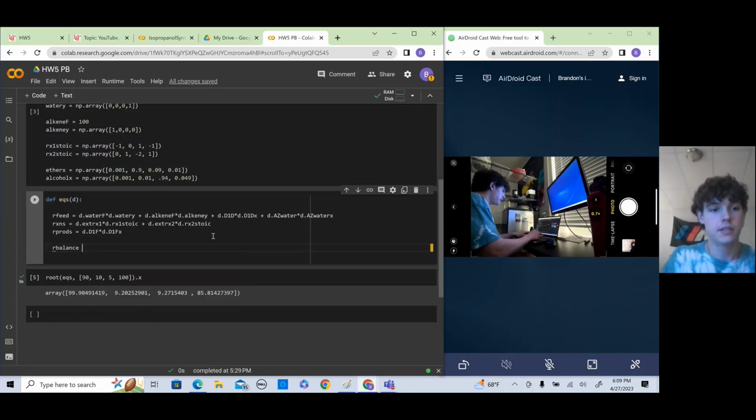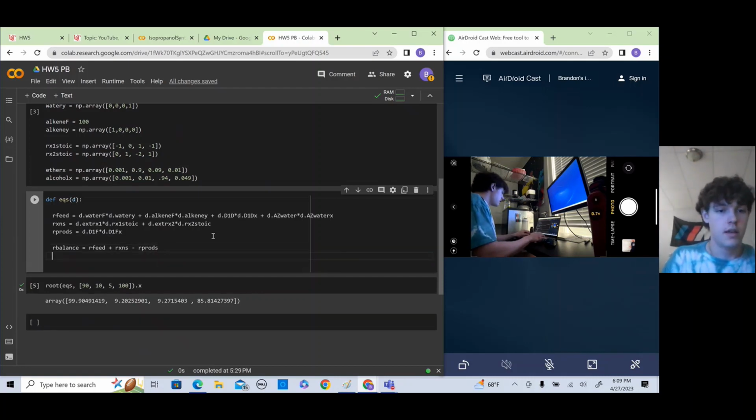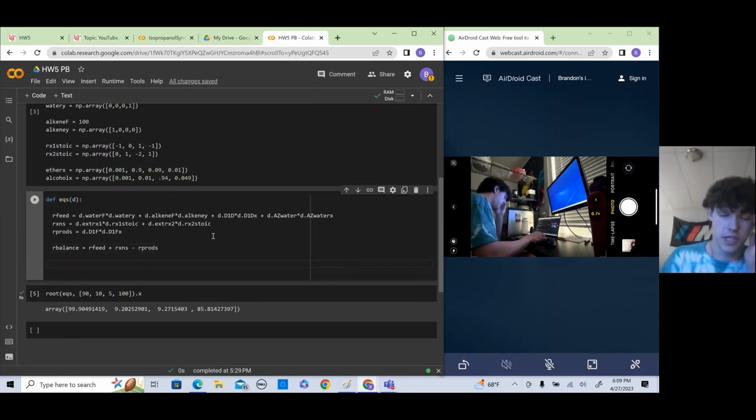Then we can get our reactor balance. It's going to be equal to our feed plus reactions minus our products. Next, we can move on to our recycled water balance.